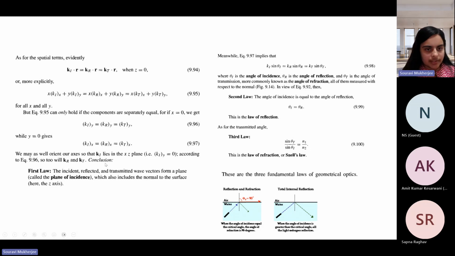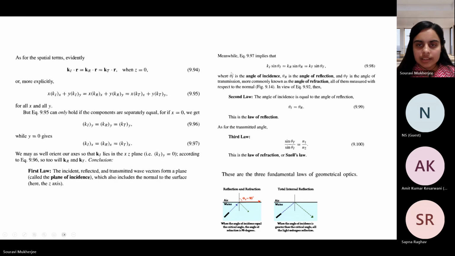So if we orient our axes in such a way that your incident wave vector lies in the xz plane, such that the y component of the incident light is 0, then the y components of both reflected and transmitted wave vectors will also go to 0. So this tells us that the incident, reflected and transmitted wave vectors are in the same plane of incidence, which includes the normal to the surface. In this case, it's the z-axis. This is the first law of ray optics, and it comes directly from the wave equations.